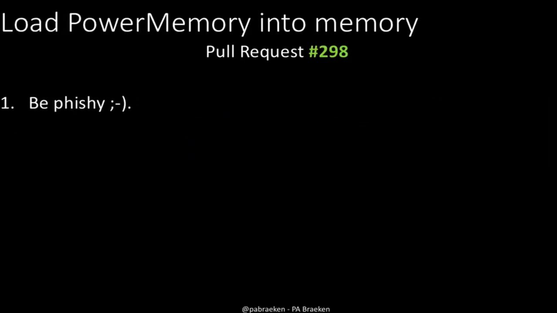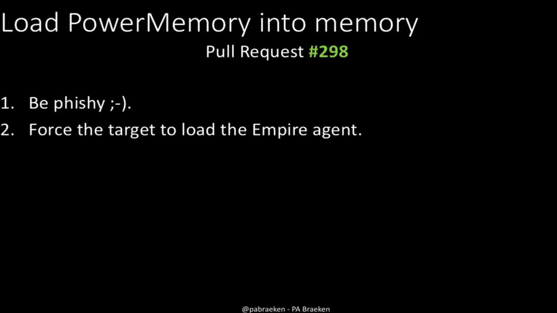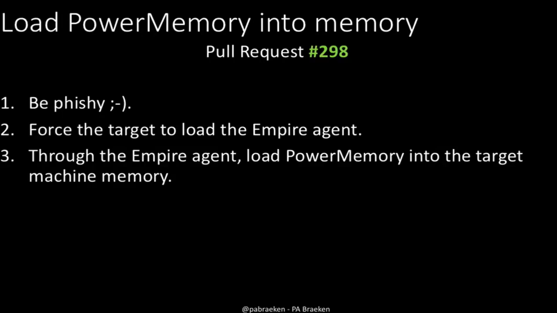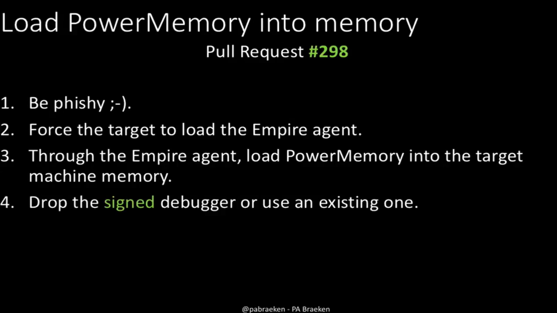So if you want to do the same things with an agent that you have in memory, you have to phish first, or find another technique, for the target to load the Empire agent, or another agent if you have another one. Through your agent, you will load PowerMemory into the target machine memory, drop the signed driver, and make calls to the Windows API.